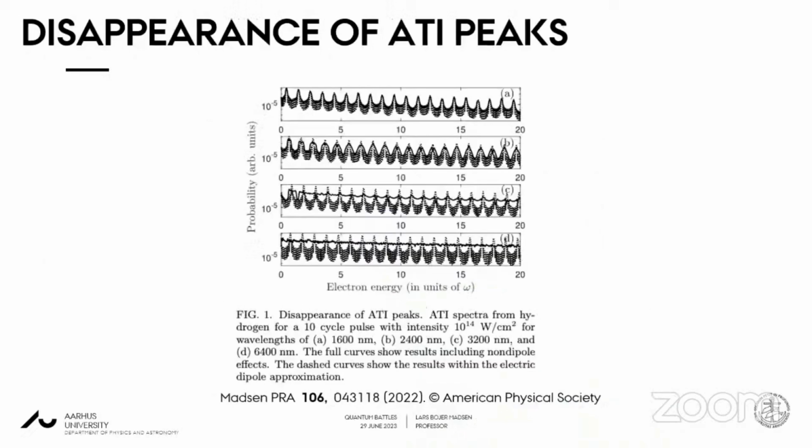If you now play around with this, which is easy to do in theory, and look at how this shifting affects the ATI spectra, you will find that as you keep the intensity fixed and increase the wavelength, you can go from a situation where you have clear ATI peaks in the correct non-dipole approach to no ATI peaks. That's simply because the energy-conserving rings have shifted such that when you integrate up the energy with respect to the origin, you miss the ATI channel.